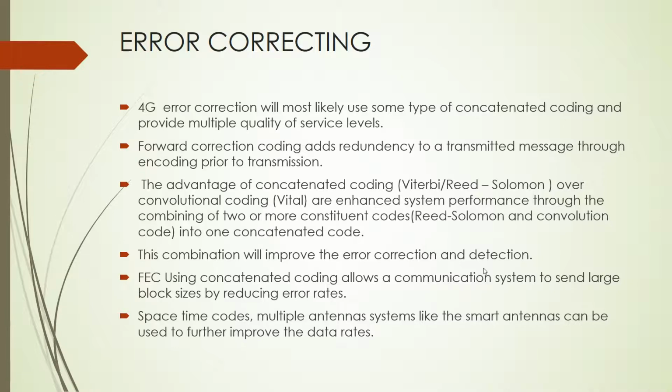FEC using concatenated coding allows a communication system to send large block sizes by reducing error rates. Space-time codes for multiple antenna systems like smart antennas can be used to further improve the data rates.